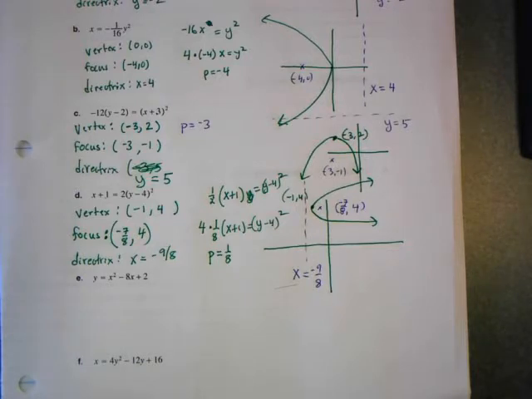Up. Up because x squared and positive in front of it. That's all you can tell me. Opens up. That is the start. Can you find the vertex for me?